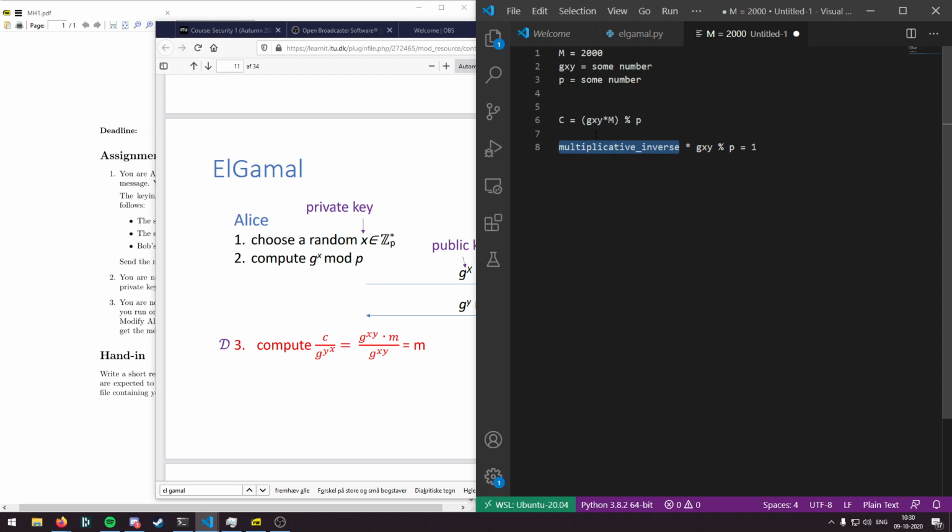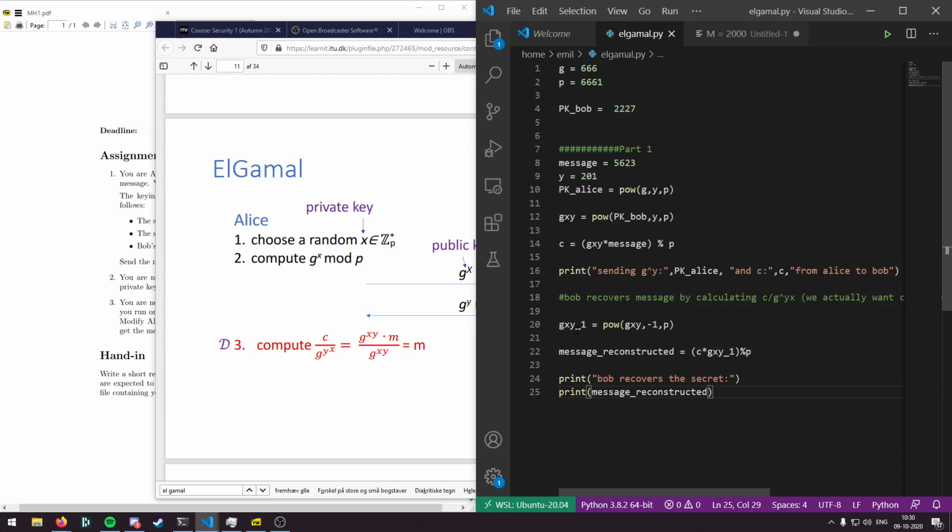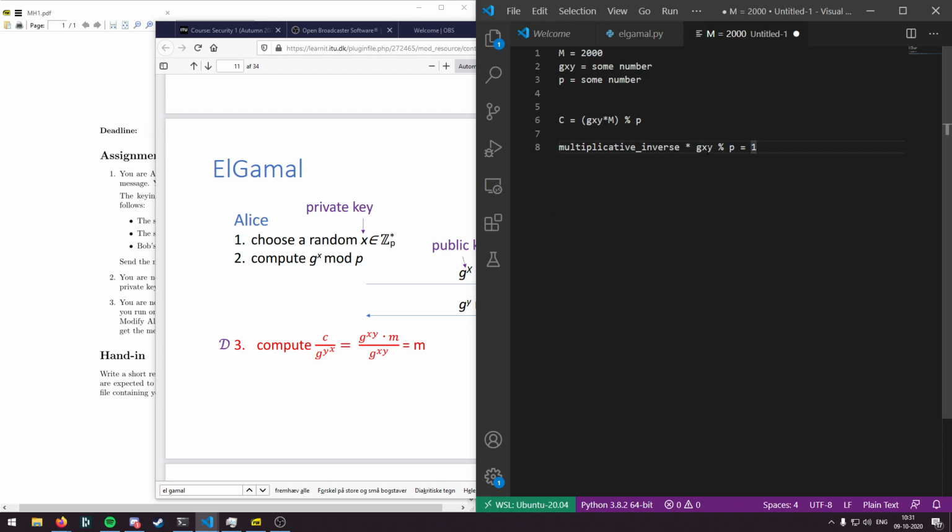This can be any number, and there are different algorithms to derive this number, and that's what I did here in Python. I set pow of gxy to -1 under modulo p. This will give me the number that I need to multiply gxy with under modulo p to get 1.